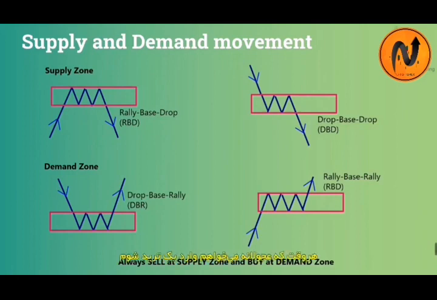Every time I have a rash idea of going into a trade, because sometimes the market pushes the price very high or very low and I might tend to go into the trade like riding the wave, suddenly I remind myself: always sell at supply, always buy at demand.